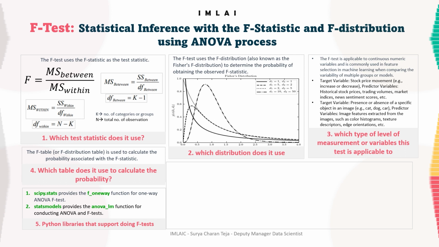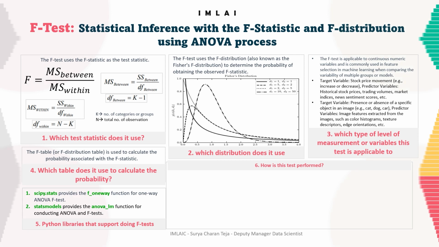And the last question that I have here is, how is this test performed? So the first step, as usual, as we have done for other tests, is to formulate the null hypothesis H sub 0 and alternative hypothesis, which is H sub A, based on the research question.